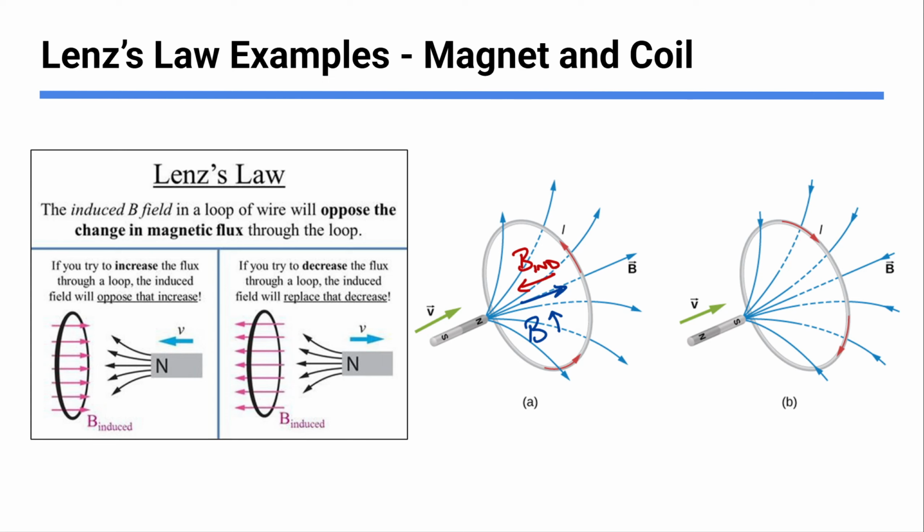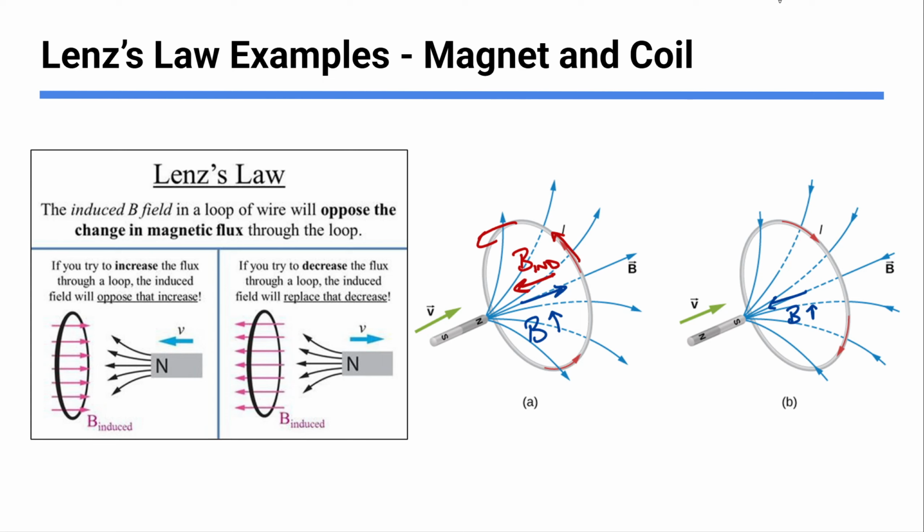And now same deal, you point your thumb in the direction of the induced magnetic field to find the direction of the induced current. If your thumb is pointing this way, your fingers will curl kind of this way. In this case over here, if we want to think of it in terms of the fields instead, I have a magnetic field pointing this way to the left now that's getting stronger because now the south pole is facing it.